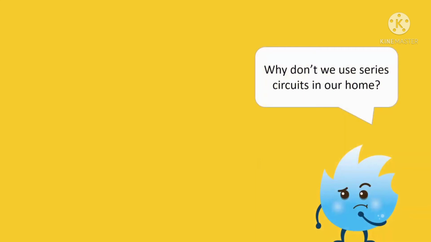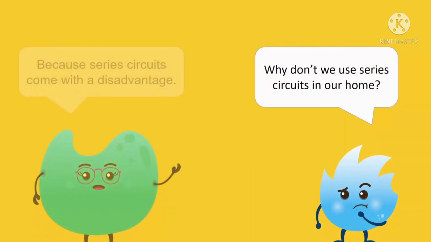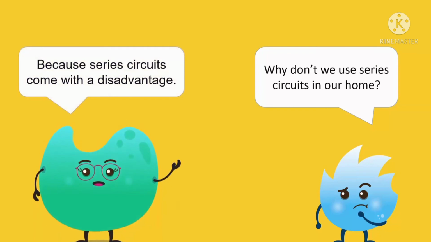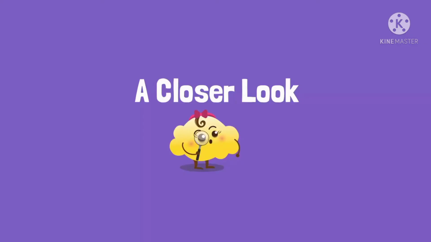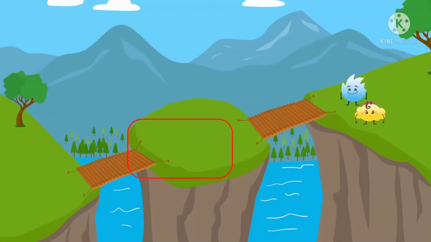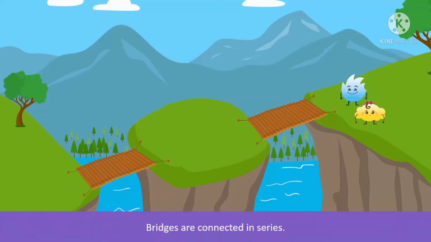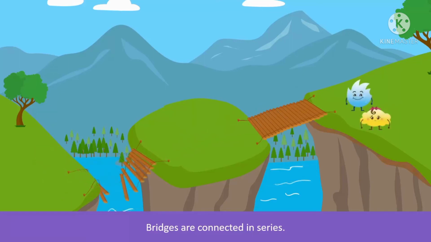But why? Why don't we use series circuits in our home? Because series circuits come with a disadvantage. Let's take a closer look with an example. Look at these bridges. They are connected one after another in series. You can cross these bridges easily. But what happens when one of the bridges collapses?